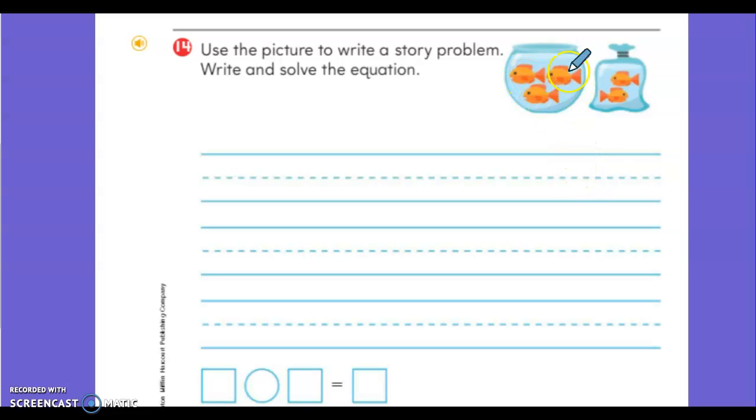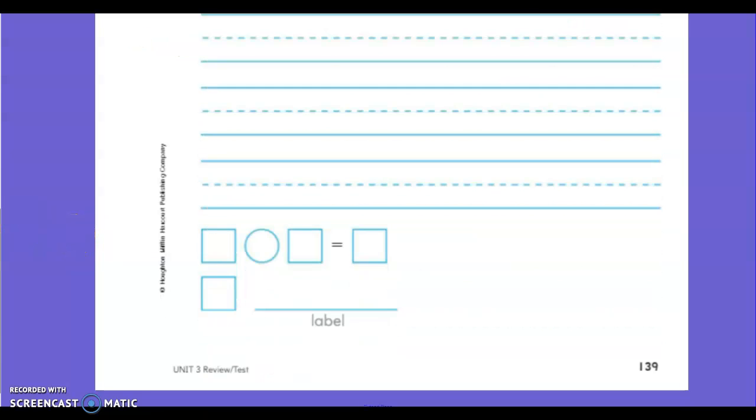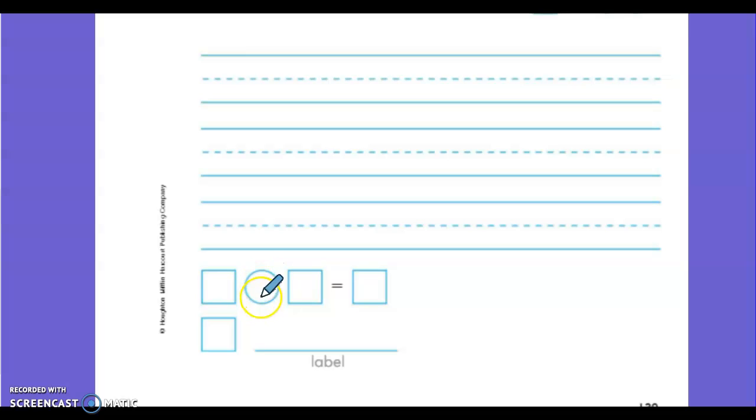I see 3 in the bowl and 2 in the bag. You can write whatever kind of story problem you want. Okay? You see here that you could use adding or subtracting. Depending on what you choose, you're going to start with either the total or the 2 partners and then the total. And then you have to solve for the unknown and write your label.